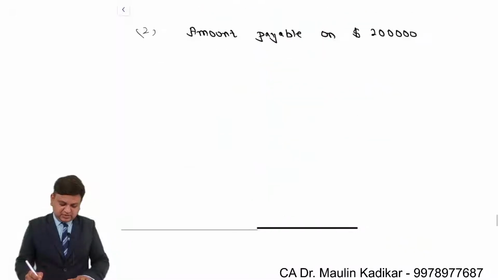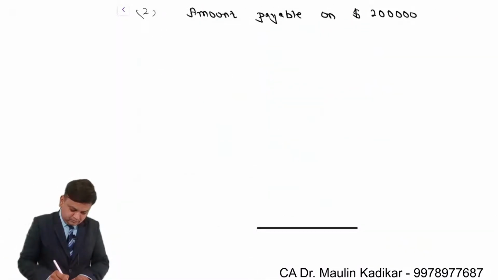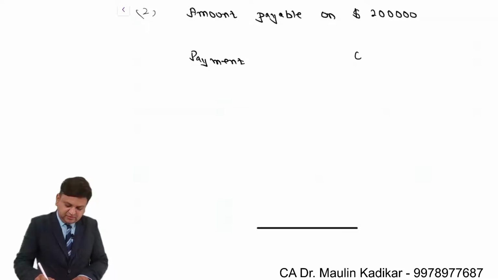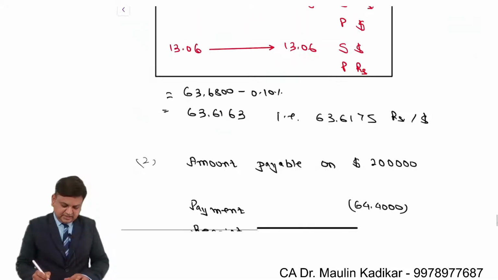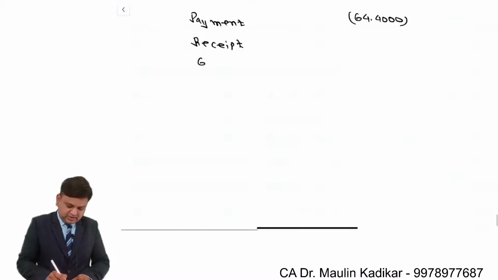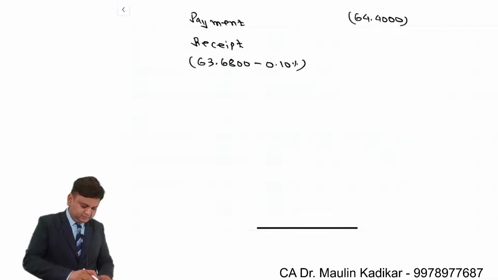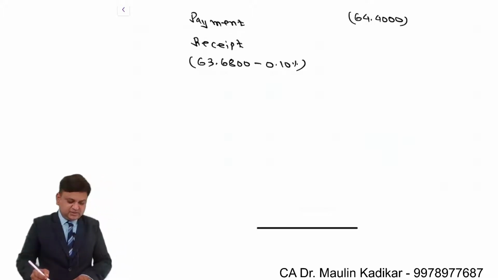So we understand that over here, payment 64.40 to buy a dollar, and a receipt, that is 63.68 minus 0.1 percentage, 63.6163.